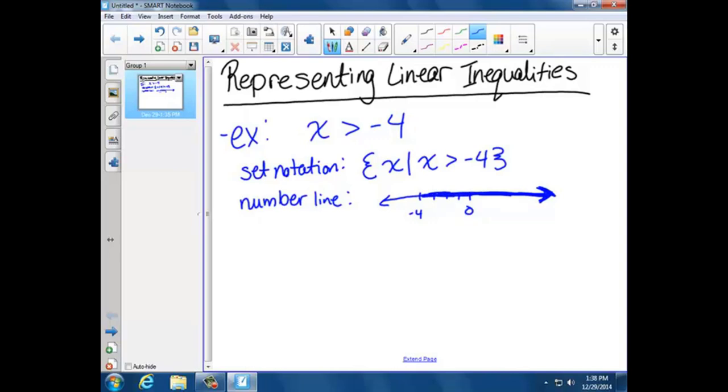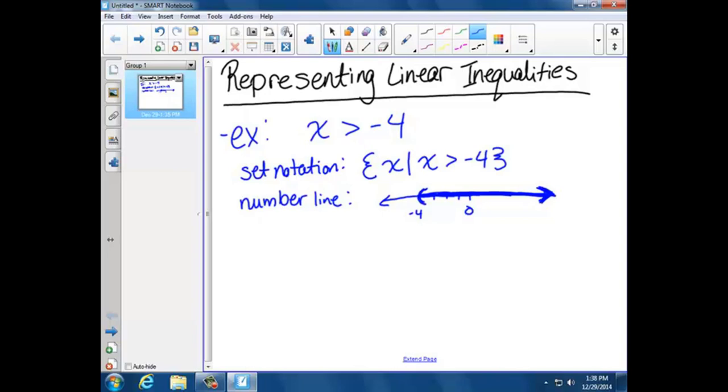Now what we do when it's greater than or less than, we're going to use a parenthesis. So in this case, I'm going to put a parenthesis at -4, and then everything to the right is shaded. That is how on a number line we represent x is greater than -4. The reason we use a parenthesis is because we don't want to include -4 as an answer.